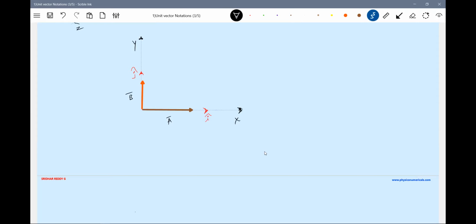So how do you write A bar? The vector A bar should be A into i cap. Vector B bar equal to B into j cap. Okay, no? The unit vectors idea. Now, I'll ask you to add these two vectors. So earlier, what were the other notations you had? Vector A bar, how do you write?